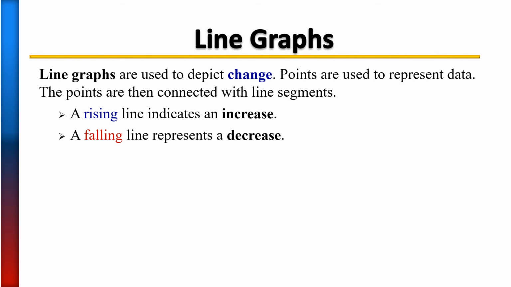So if you see a line that is moving from left to right in an upward motion, meaning it's rising, that indicates an increase. And if you see that your line is moving from left to right in a downward motion, in other words, it's falling, that represents a decrease.